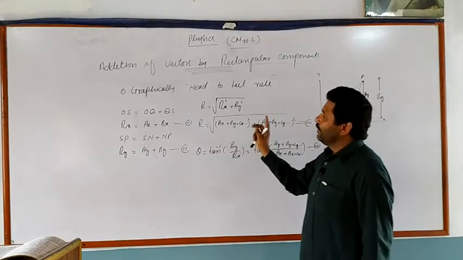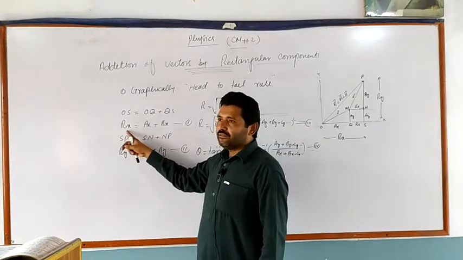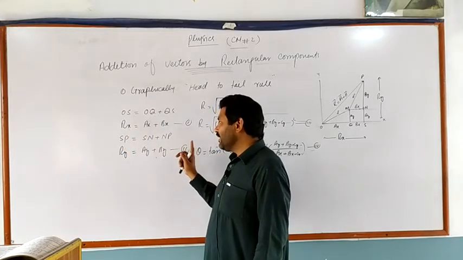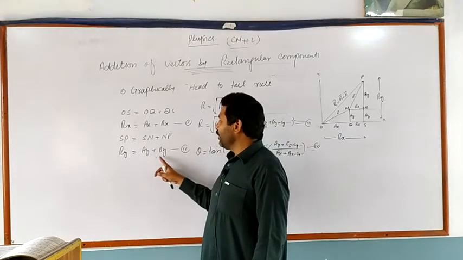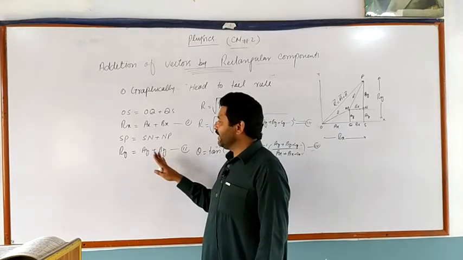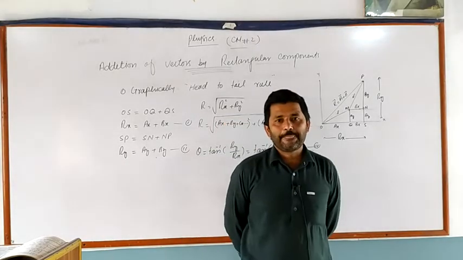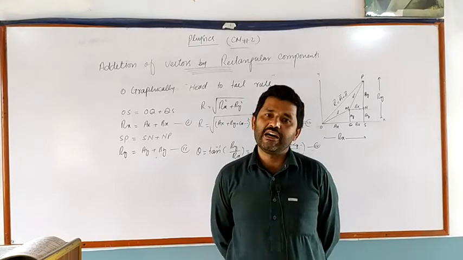Number 2, by adding the x components of the given vectors we will find the x component of vector R, meaning Rx. Important point number 3, by adding the y components of vectors A and B, meaning the given vectors, we will find Ry, which is the y component of the resultant vector.